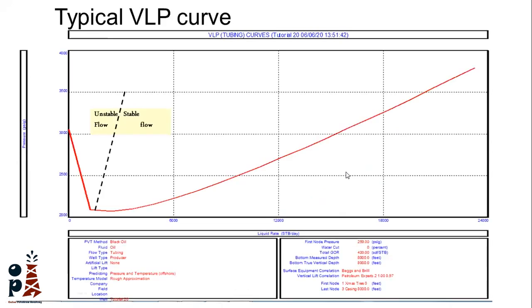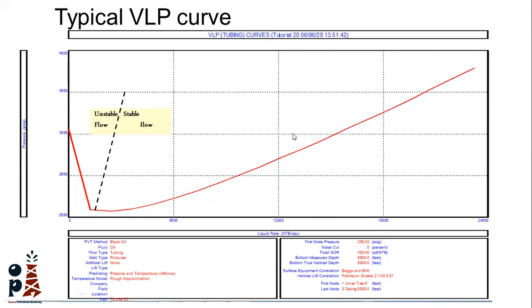Actual VLP is like this, because if you remember, I mentioned before that we have two regions. We have the unstable flow here, and this region is mostly affected by the gravity factor of the pressure loss, until here it's more about the friction loss. So here the pressure loss increases with increasing the rate.